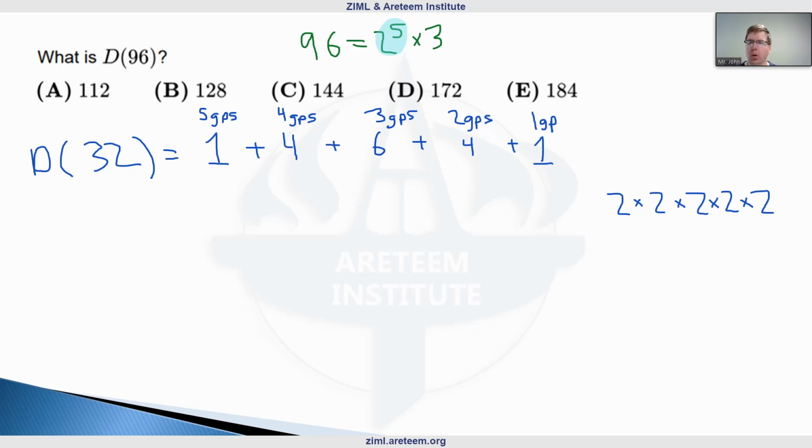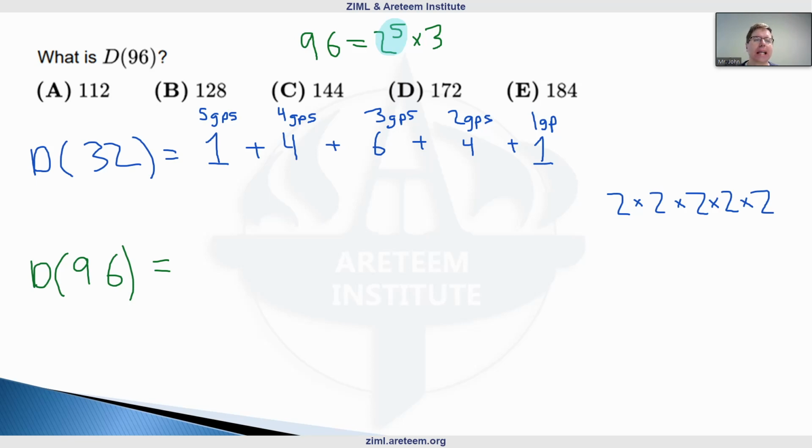Now, this doesn't necessarily relate very nicely to D of 96, because the 3 is a little more complicated. But I still think having these outcomes listed, and thinking of it in this same way, with these numbers done already as part of D of 32, is really going to help us understand what's happening there.